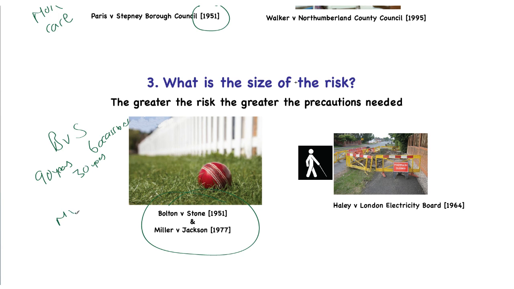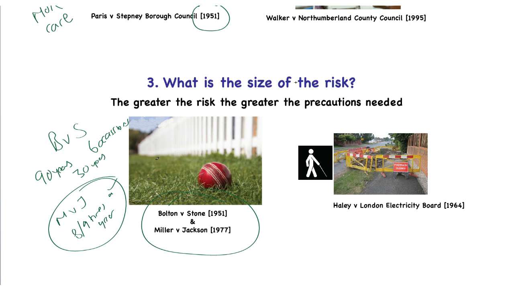In Miller versus Jackson, cricket balls were hit out of the ground 8 or 9 times a year. So the risk in Miller versus Jackson is much, much higher. So in Bolton versus Stone, 6 occasions over 30 years.